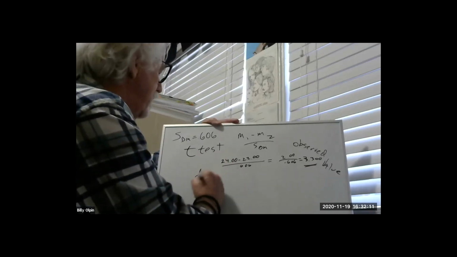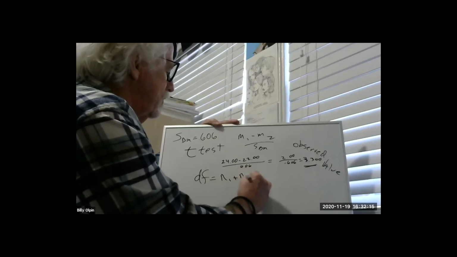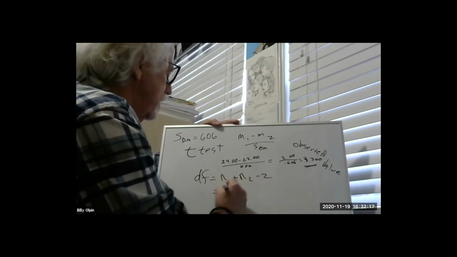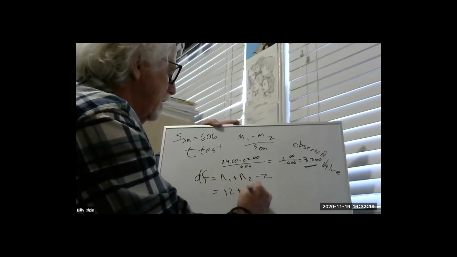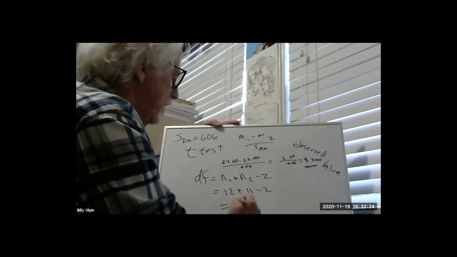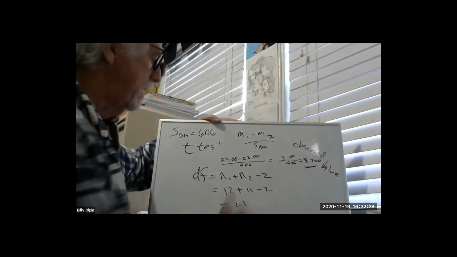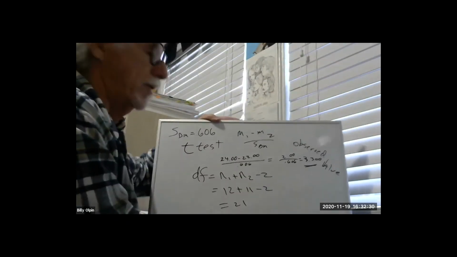So here is our observed value for the t-test, right? And then the degree of freedom is equal to n1 plus n2 minus 2. In our case it is 12 plus 11 minus 2, or 21. All right, and so we go to the table. We look up the degree of freedom.